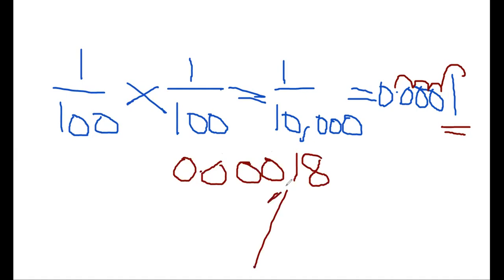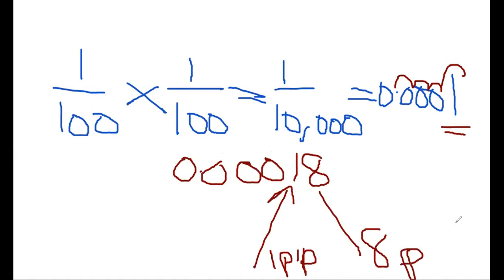This one is called 1 pip. And this is called 8 pipettes. So that is a very good example of what a pip is.